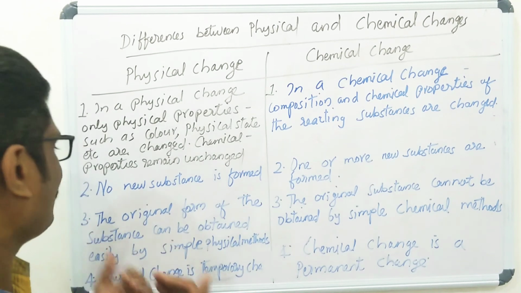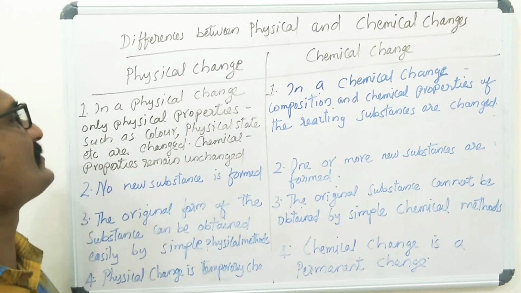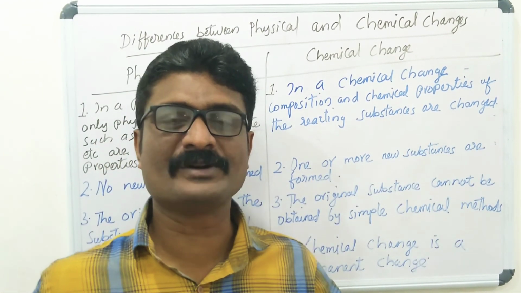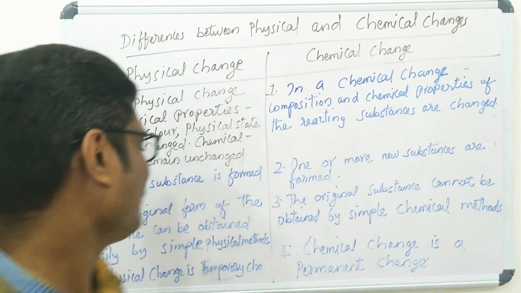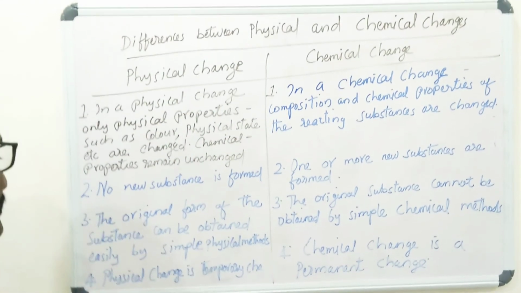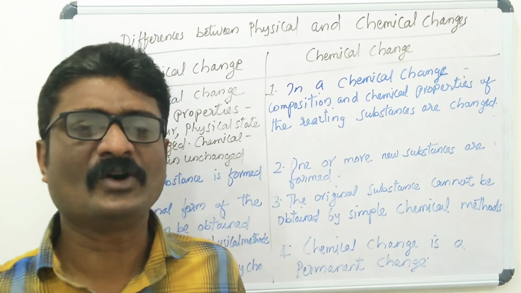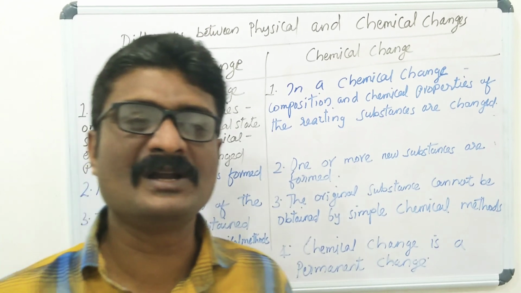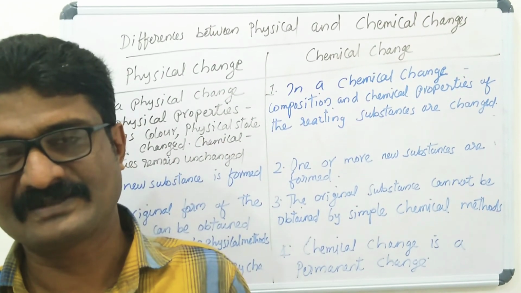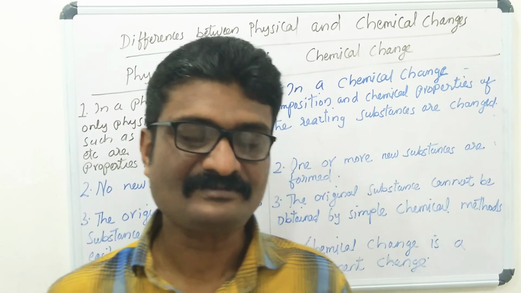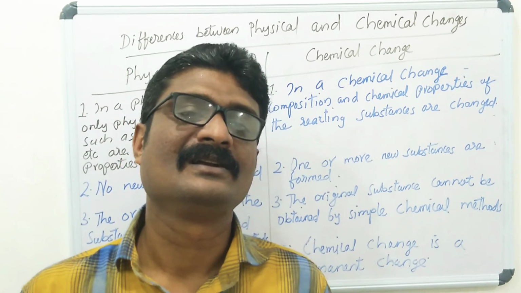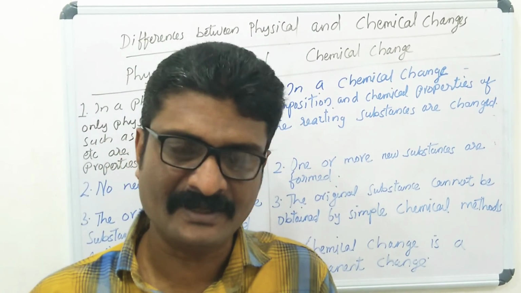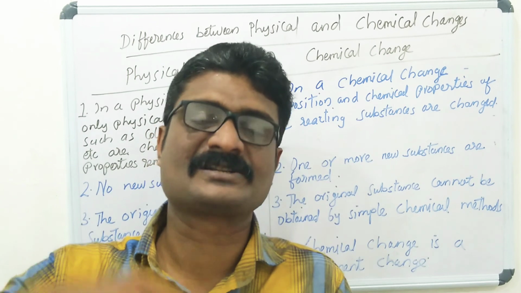And the next difference: no new substance is formed during a physical change, but one or more new substances are formed during a chemical change. And the third difference: in a physical change, the original form of the substance can be obtained easily by simple physical methods. For example, when water is heated, it is converted to vapor.